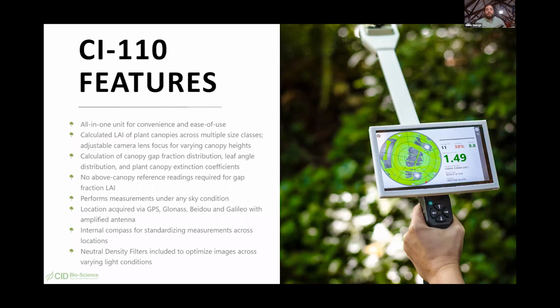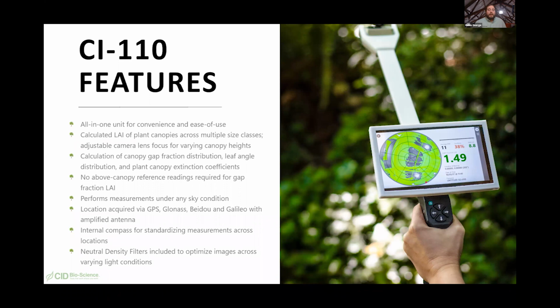The calculation of the gap fraction distribution, the leaf angle, and the plant canopy extinction coefficients all happen simultaneously. It does not require an above canopy reference reading, which is another benefit. So you don't have to worry about finding a clearing, or having a second sensor somewhere out in the clearing to get that above canopy reference.